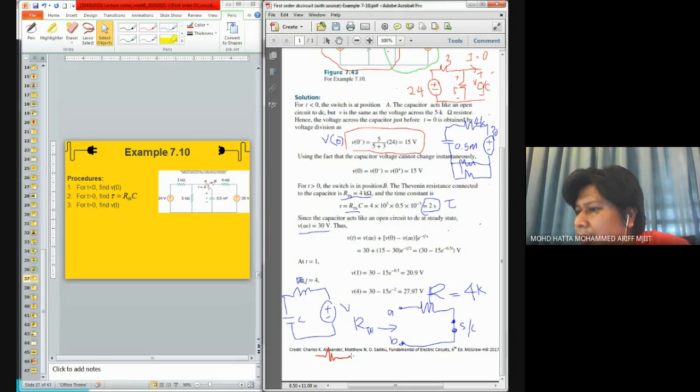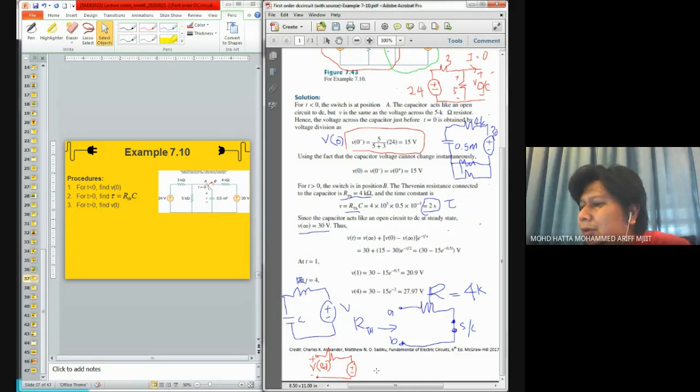So the circuit during steady state would look like this, with positive and negative V, and V at steady state we can consider as V infinity.